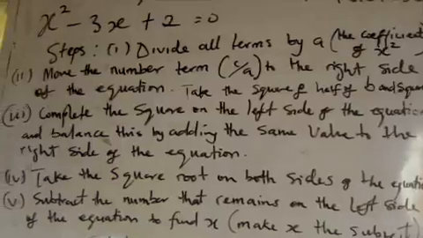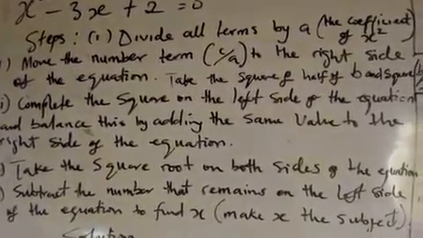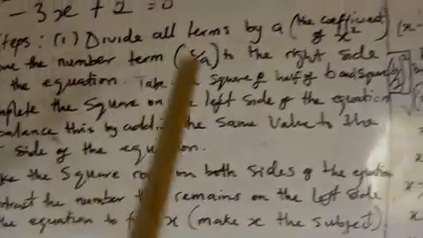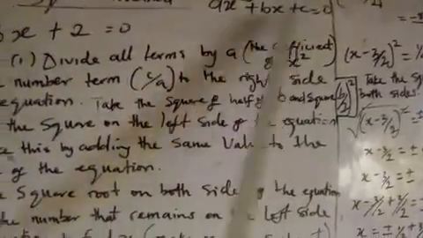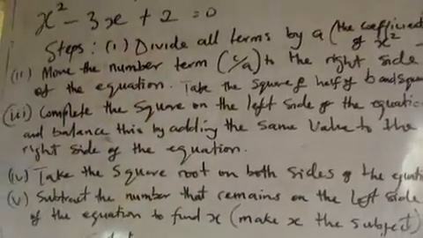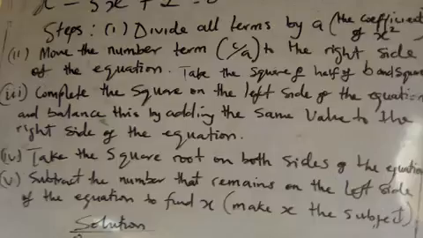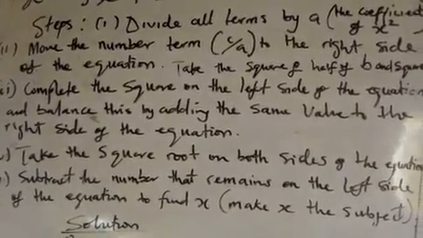Having done that, you move the number term, which is the constant c, which for this is 2, to the right hand side of the equation. Then you take the square of half of b.